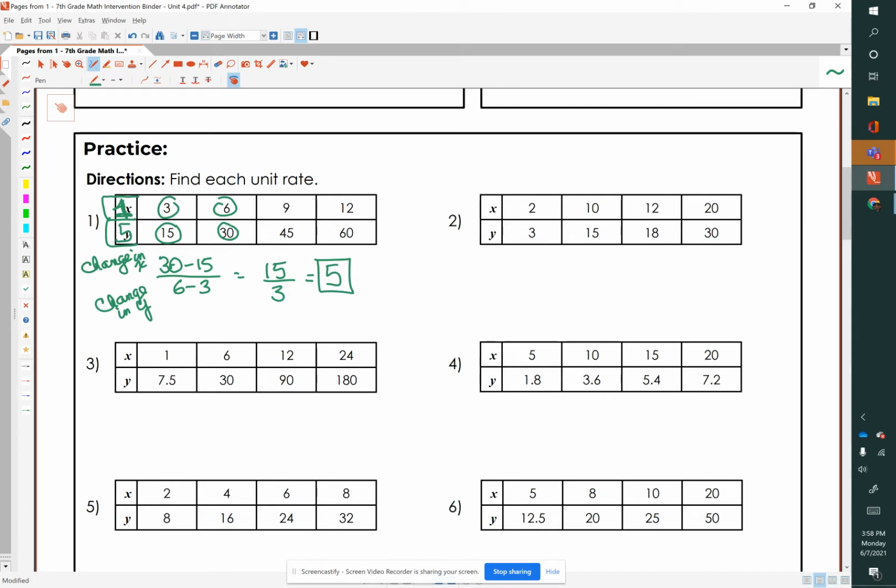So number 2, it's going to be the change in y divided by the change in x.